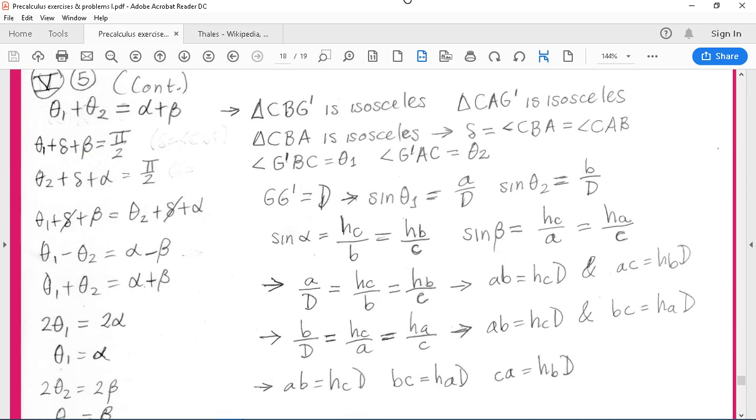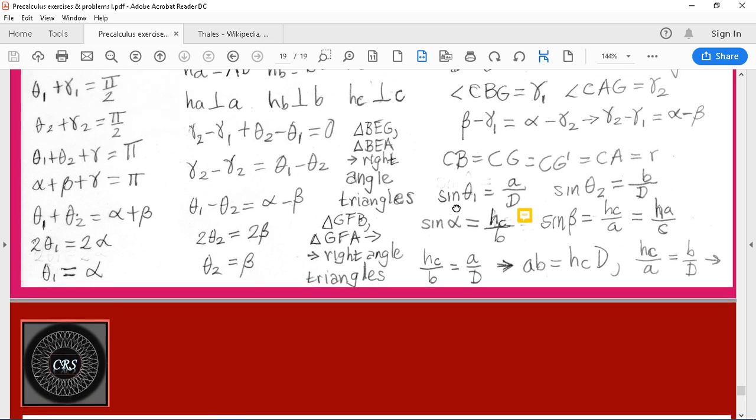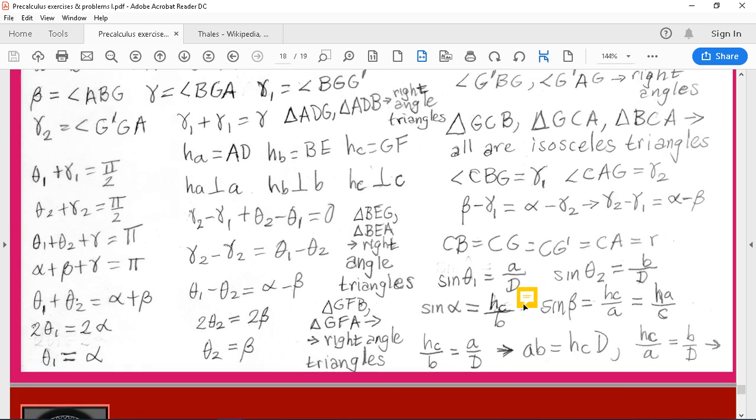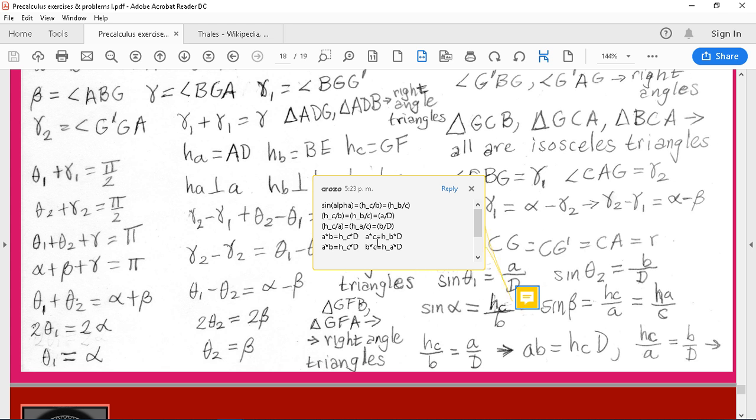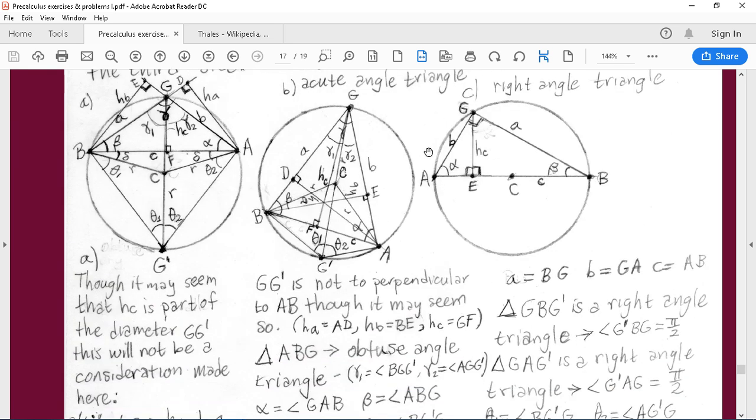Okay, so we have then that sine of alpha equals hc over b, and is also equal to hb over c.